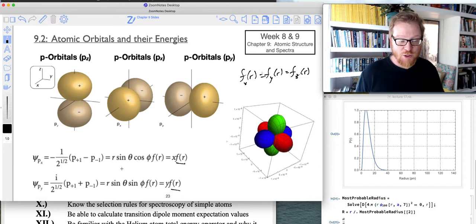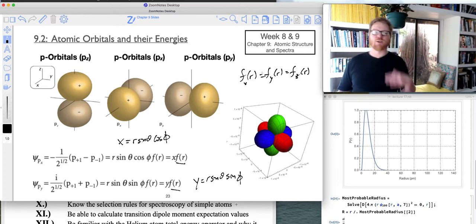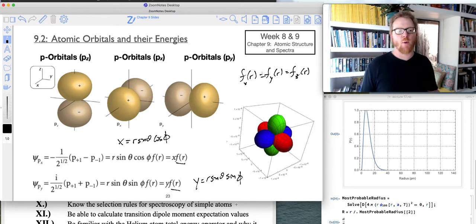But now with algebraic manipulation, recall that x in polar spherical coordinates is r sine theta cosine phi, and y in polar spherical coordinates is r sine theta sine phi. And so that creates the px py orbital that we can see right here.